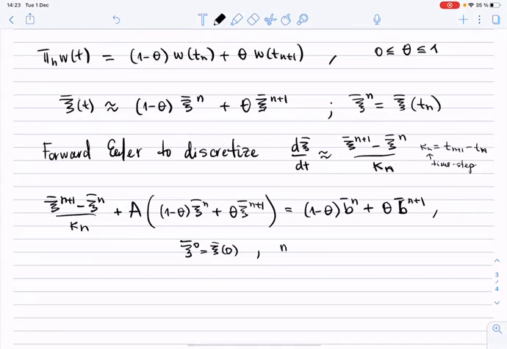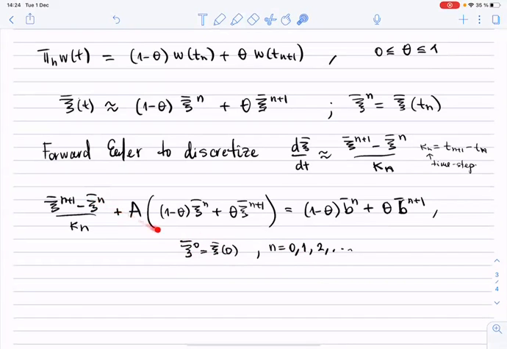Then we iterate for n equals 1, 2, etc. Because it's a time discretization, we do it in time, and when you put n equals to 0, here comes psi 0, and this one will be psi 1. We have to use this value psi 0, the initial condition.